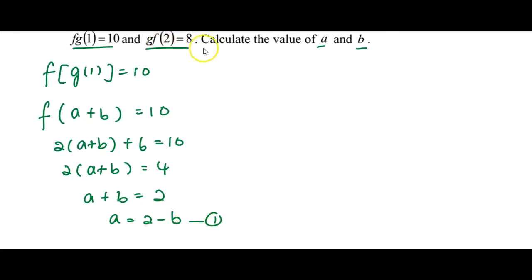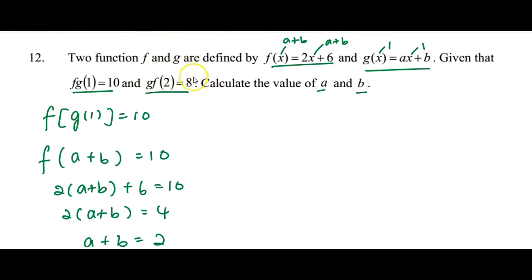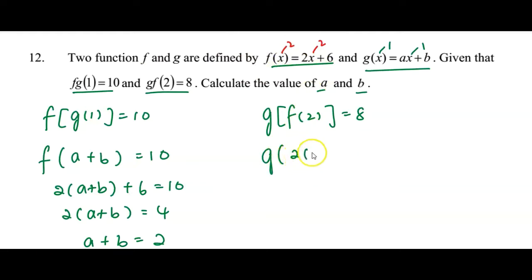Now dealing with the second equation, that is gf(2) equals 8. So what is f(2)? f(2) will be replacing the 2 into the x in our function of f. Putting the 2 inside, you will have 2 multiplied by 2 plus 6. This is equivalent to 8. And simplify, you will have g of 6 plus 4, that will be 10. g(10) is equal to 8.